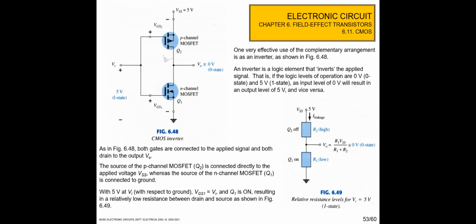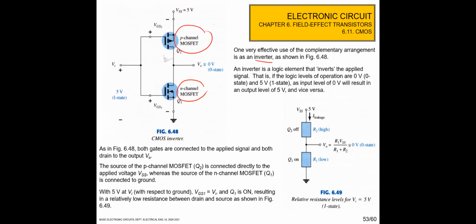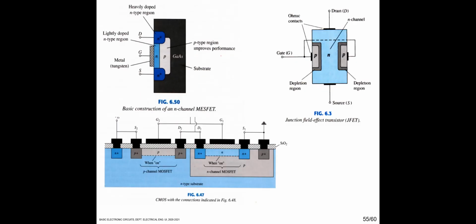Okay, one example of a CMOS inverter is like this one. So this is the P-channel, and this is the N-channel. Okay, so you can see here how we can design the inverter using the MOSFET by following this explanation in this slide.